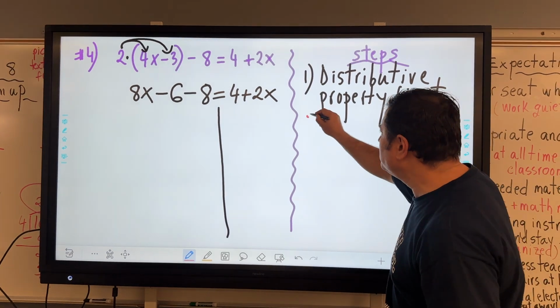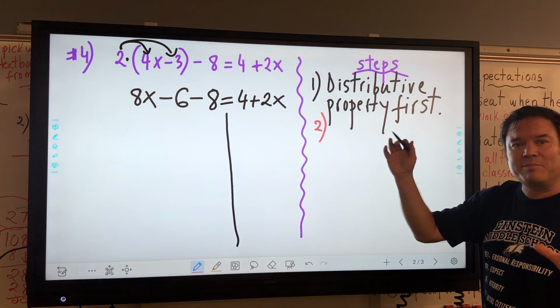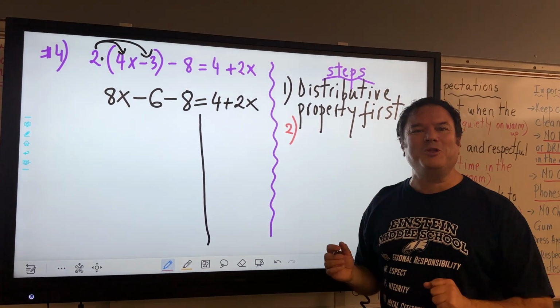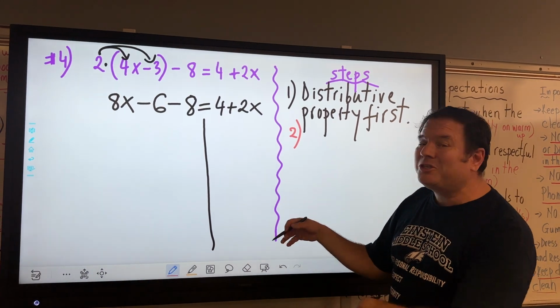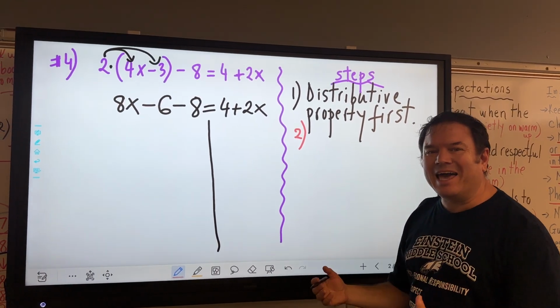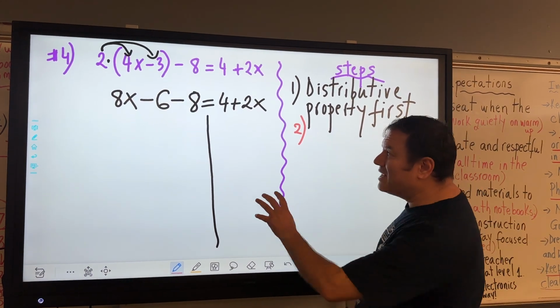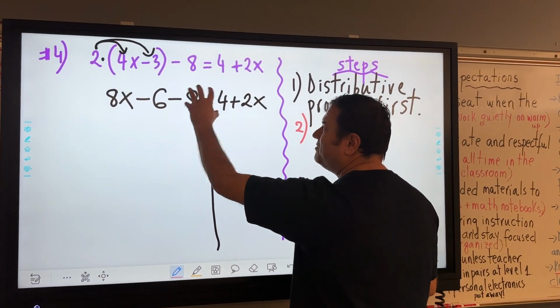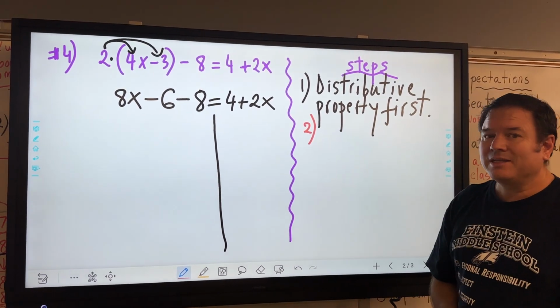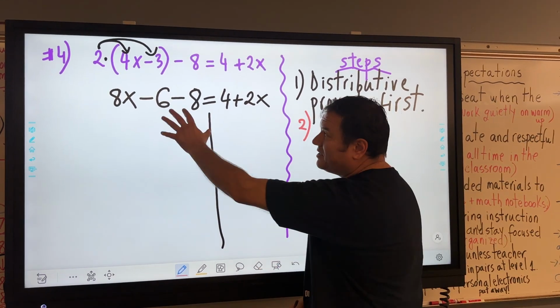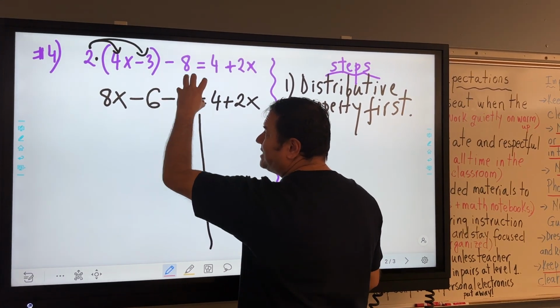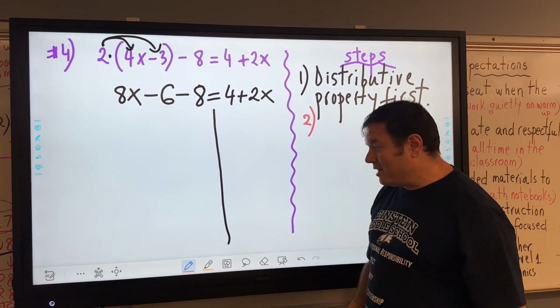Step number 2. Remember, step number 1 would be to use the distributive property. Step number 2 would be to combine the like terms. Do we have any like terms here? Like terms have to be on the same side of the equal sign. And as you see, to the left side of the equation, we see negative 6 and negative 8 are like terms.